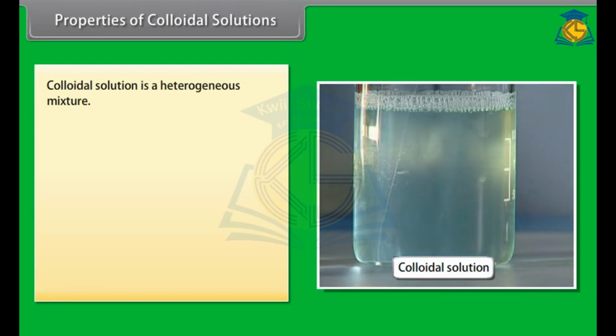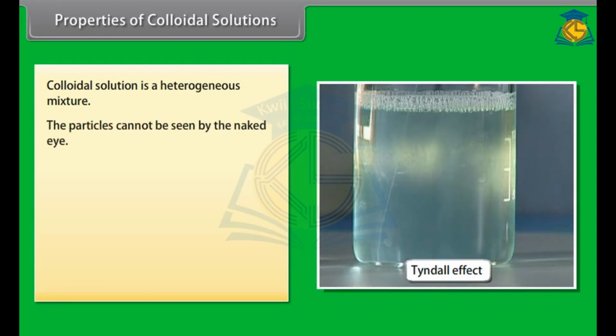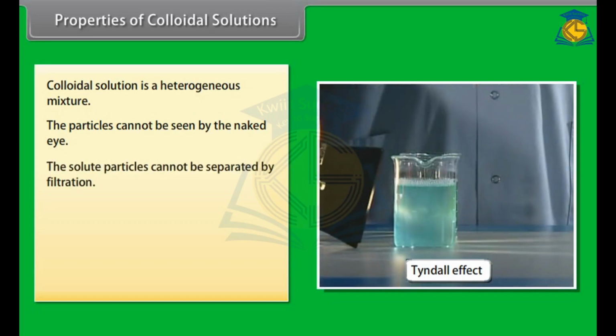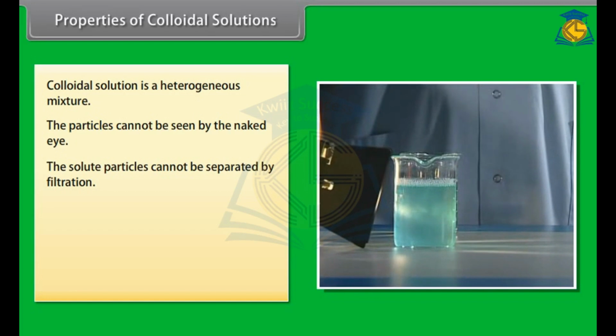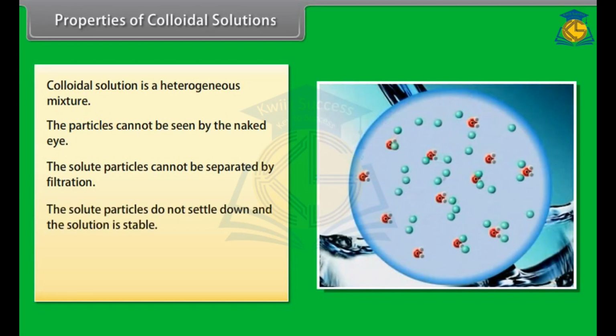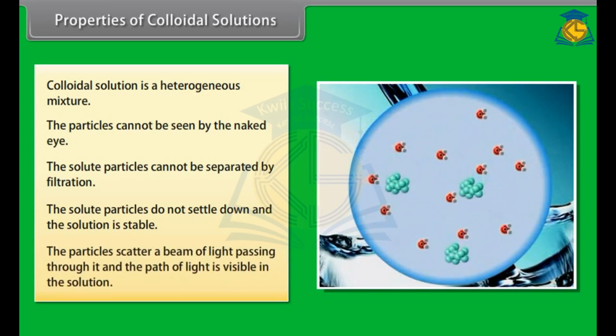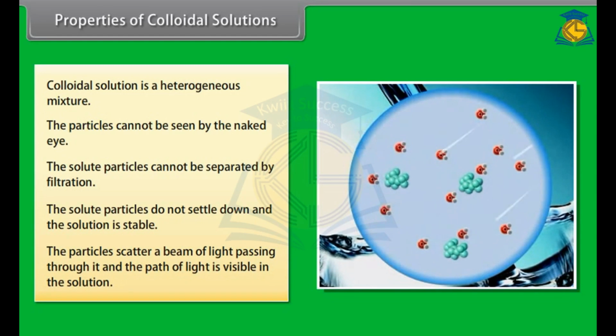Colloidal solution is a heterogeneous mixture. The particles cannot be seen by the naked eye. The solute particles cannot be separated by filtration. The solute particles do not settle down and the solution is stable. The particles scatter a beam of light passing through it and the path of light is visible in the solution.